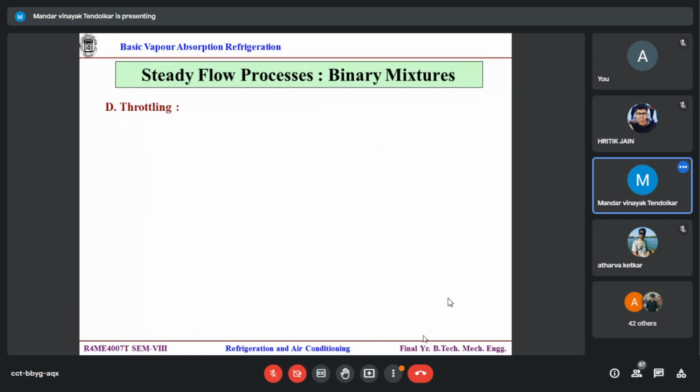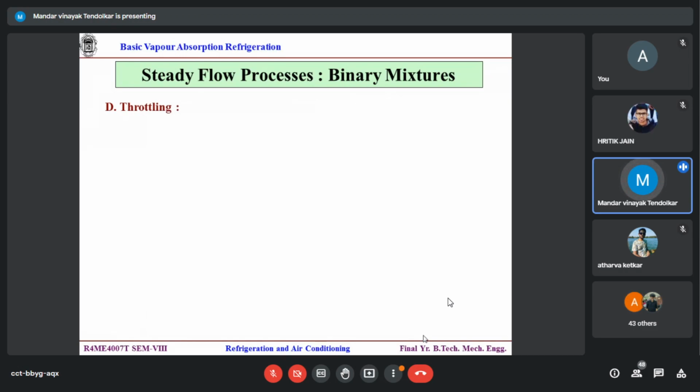Now the fourth process is simple throttling. As far as refrigeration and air conditioning are concerned, throttling is isenthalpic expansion. So here the process has the enthalpy remaining constant. Let's say my inlet condition is 1, exit condition 2, then H1 equals H2.